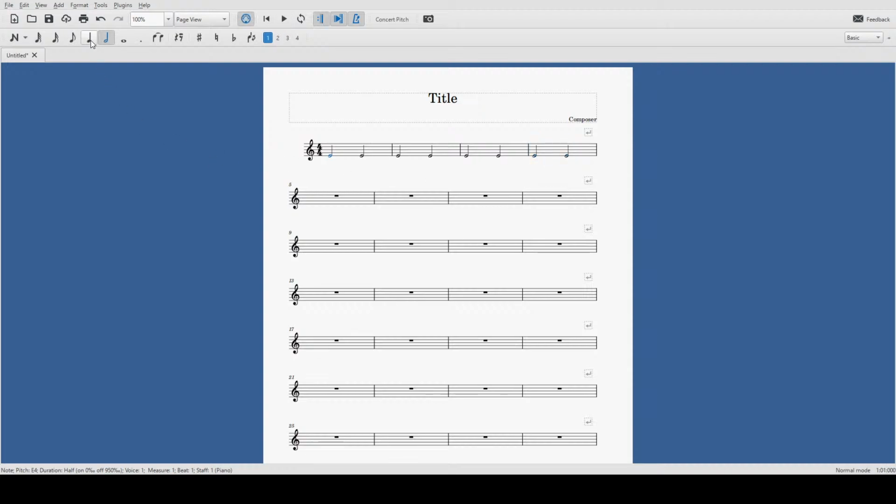Alright, so we're moving on to the quarter notes. And this time, in a bar, there's 4 of them, and they get 1 count each. See, for every click of the metronome, you play 1 of them.